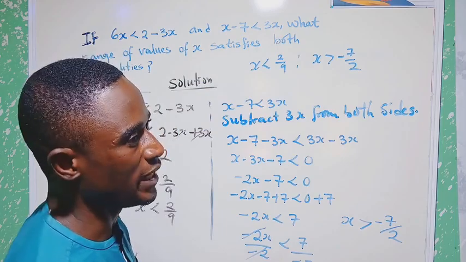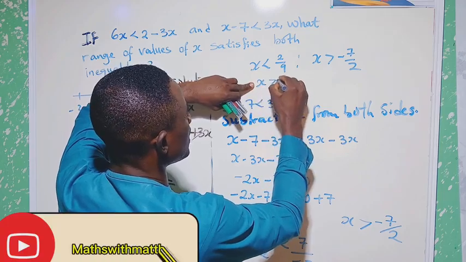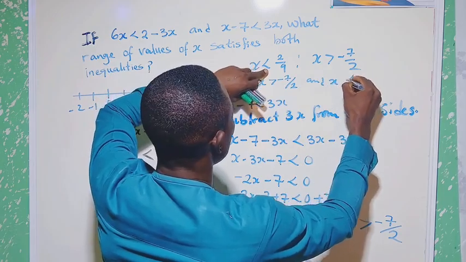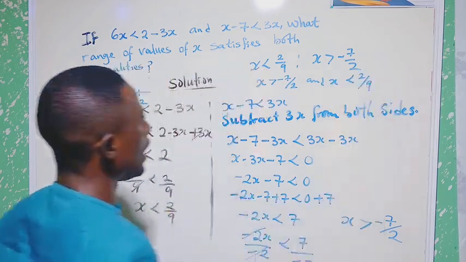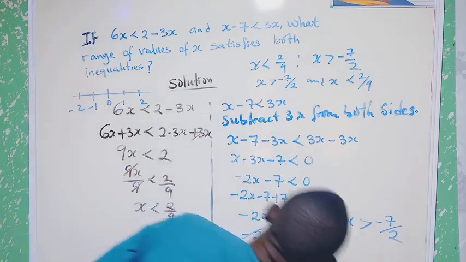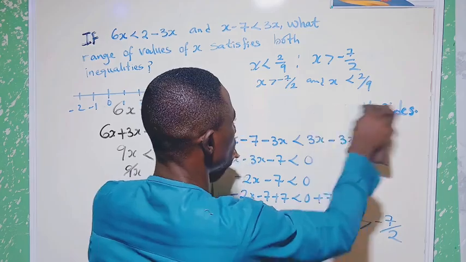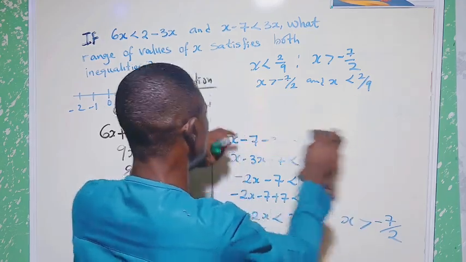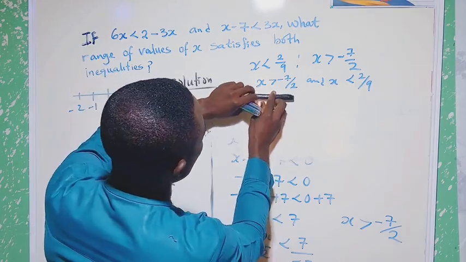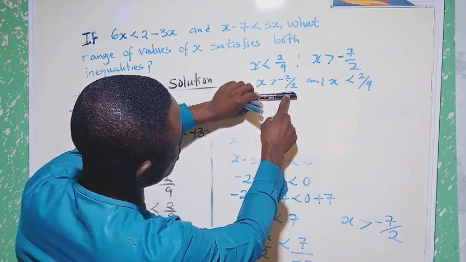So how do we combine the two? Now, let's look at this. I have x greater than minus 7 over 2 and x less than 2 over 9. How do I want to rewrite this? Let me quickly rewrite this and change the format of what we have here. Look at the cover of this marker.